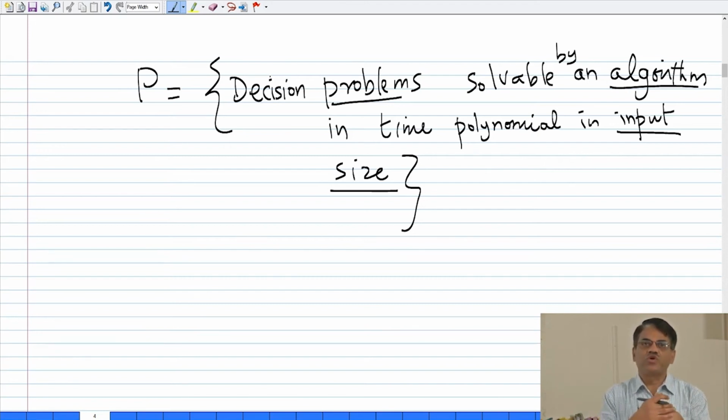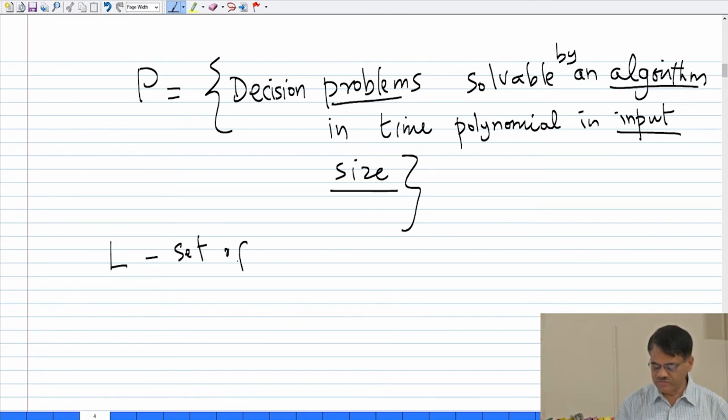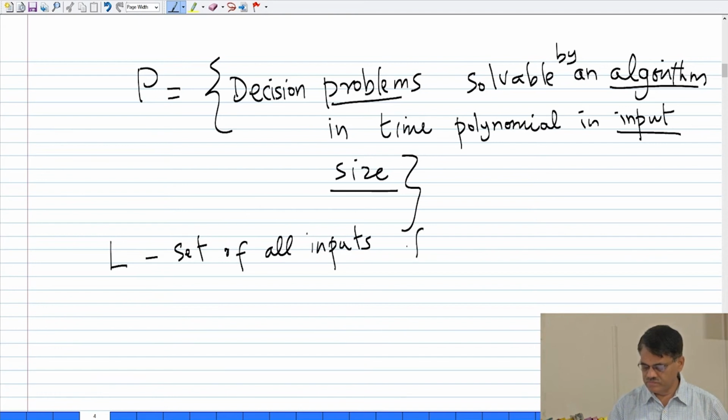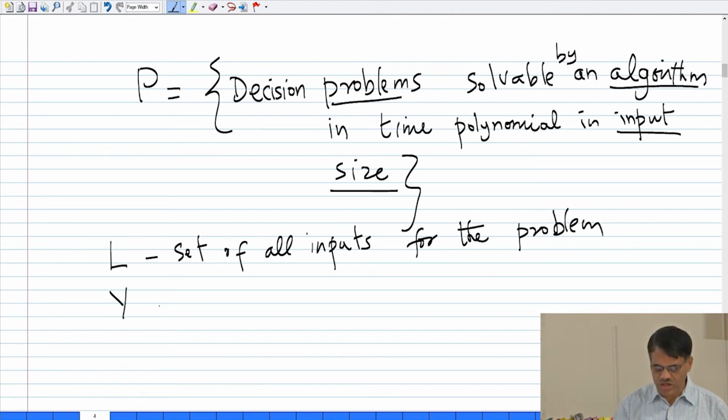Input, for example, could be the set of all graphs. Let us say the problem I am interested in is, is the graph bipartite. Okay. So, I have my language, the set of all inputs. And let us say y is the set of all inputs for which the answer is yes.